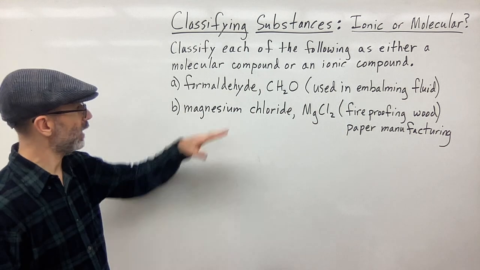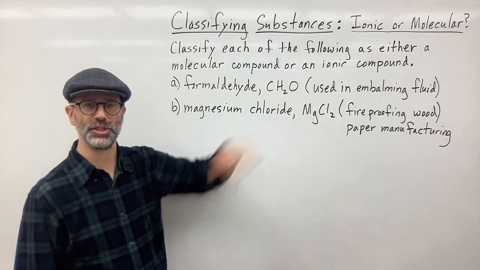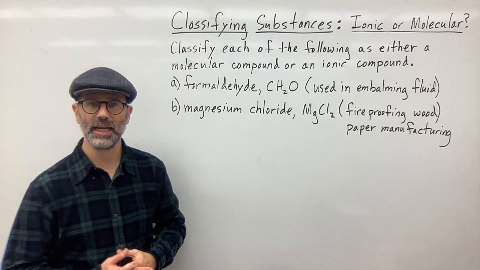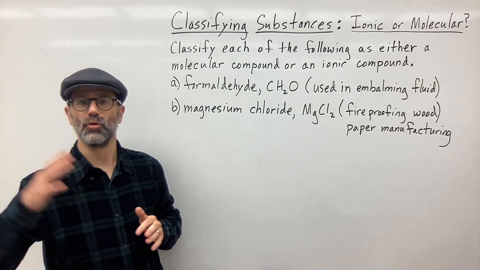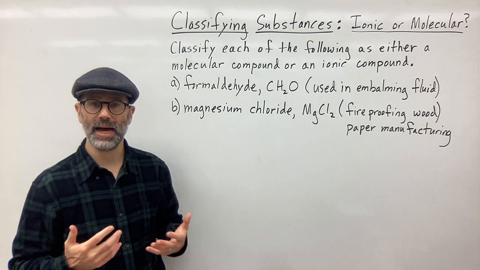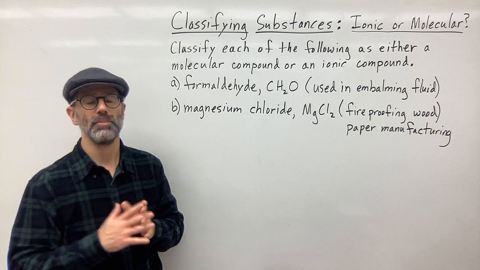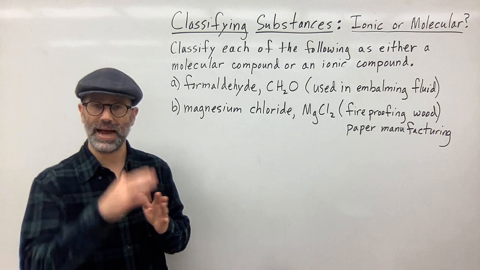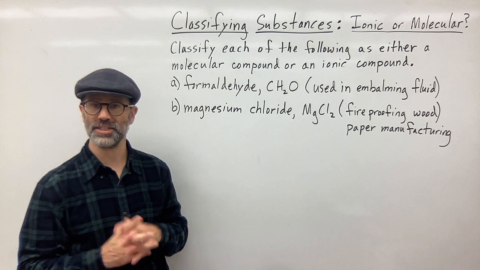Okay, so here we're given the formula. We have carbon, hydrogen, oxygen. If you look on your periodic table, those three elements lie to the right side of the table. So these are all nonmetals. They're to the right of that stairway that marks out where the metalloids or semi-metals are.